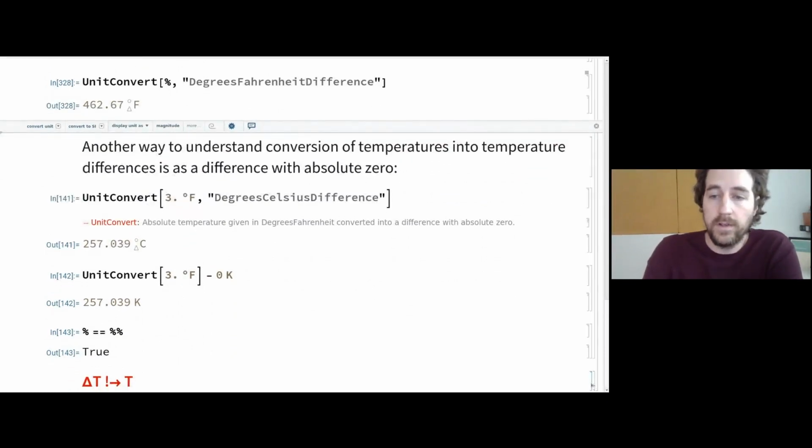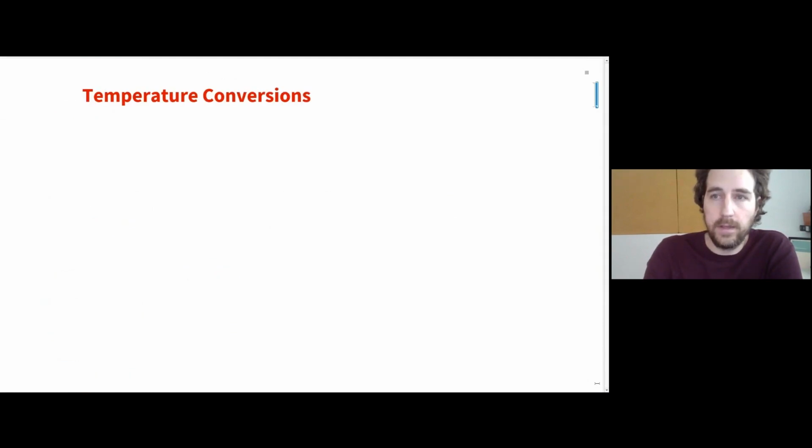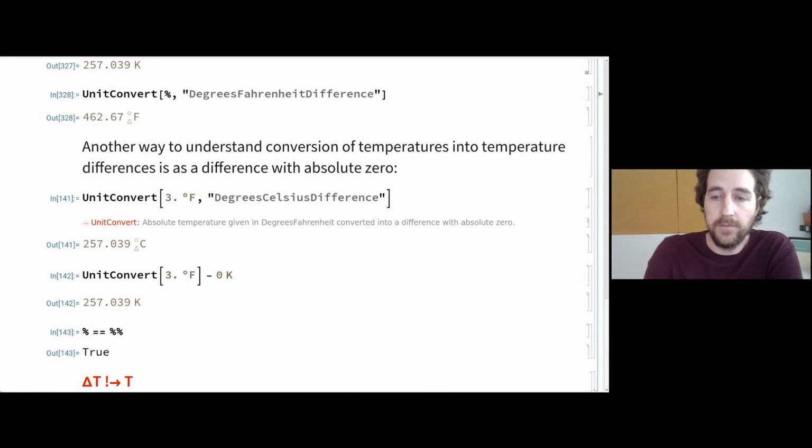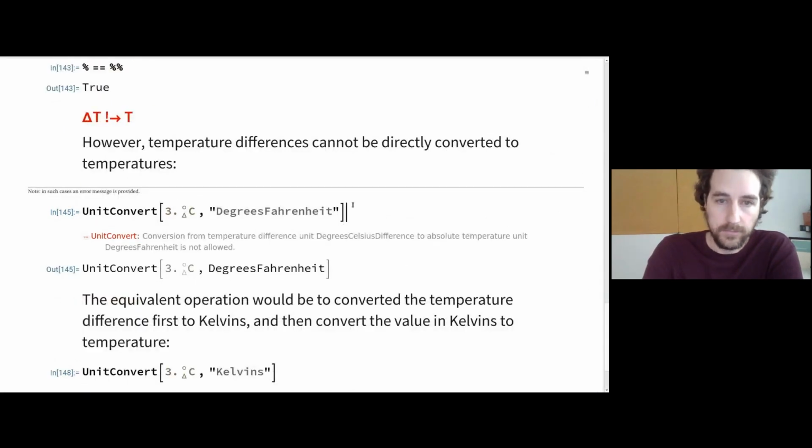So there is one conversion operation that isn't permitted, and that is the conversion from temperature difference units into absolute temperatures. There's not really a physical analog to converting from a difference versus absolute zero to an absolute temperature. And so if you try and convert degrees Celsius difference to degrees Fahrenheit, you'll get a warning message mentioning that you can't convert between those.